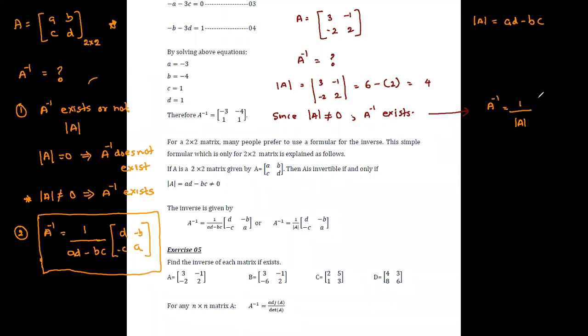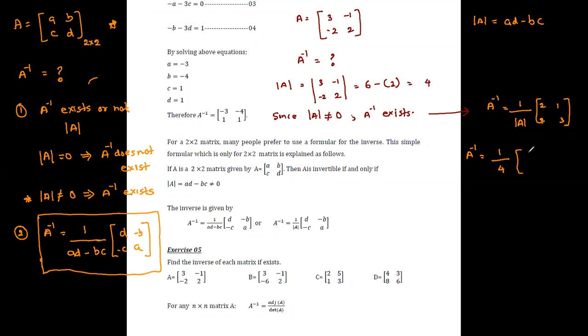Then this quantity is multiplied by the matrix in which first we interchange the diagonal elements. 3 and 2 are interchanged, so 2 comes here and 3 goes here. Then the remaining elements, -1 and -2, have to be multiplied by a negative sign. This would be minus into -1, then minus into -2. We have already identified the determinant of A as 4.